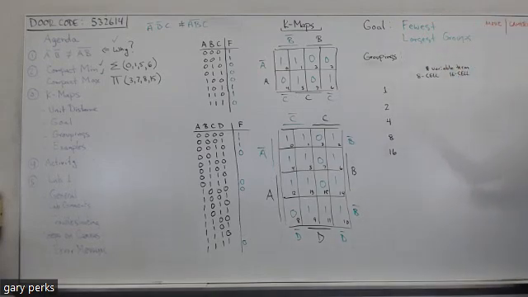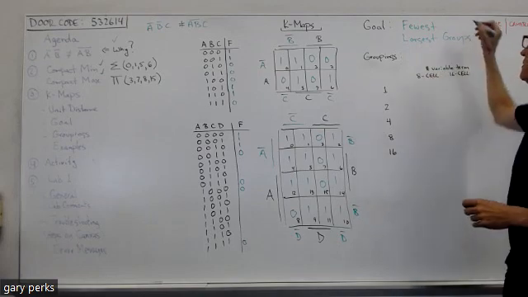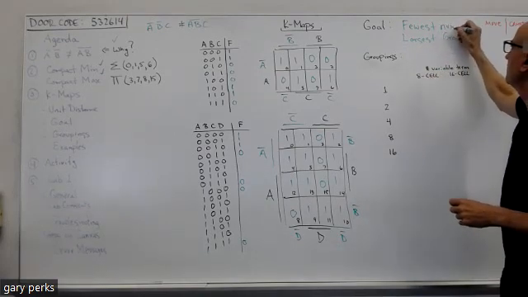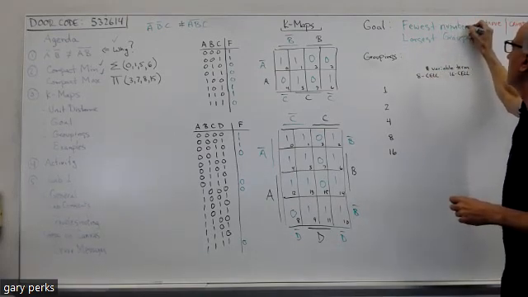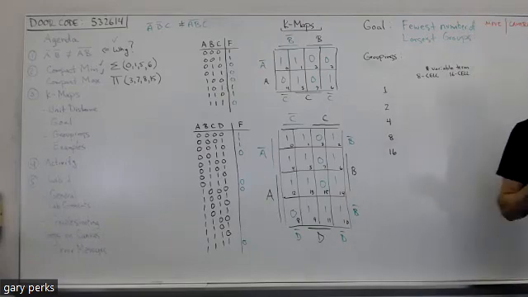We're going to group together 1s or 0s. You can either group 1s or you can group 0s, depending on what you want to get as a result. But for these groups that we make, we want the fewest number of largest groups. That's the goal.